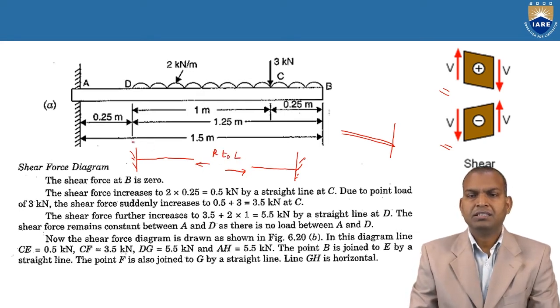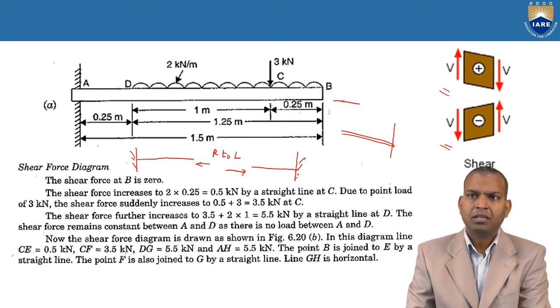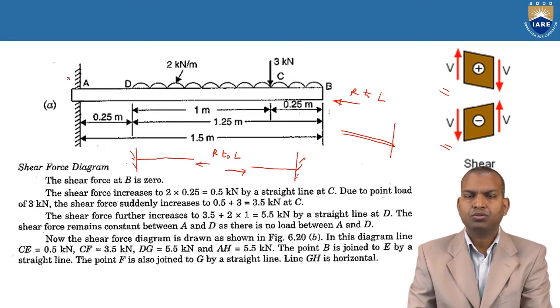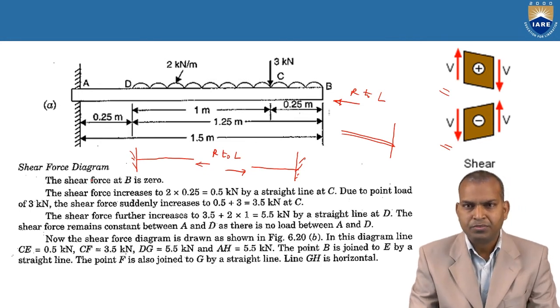Here in this case, the cantilever beam is fixed at the left and free at the right side. So we have to start moving from right to left, that means free end to fixed end. That is the principle.